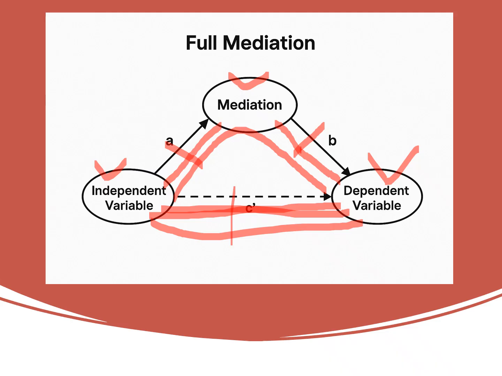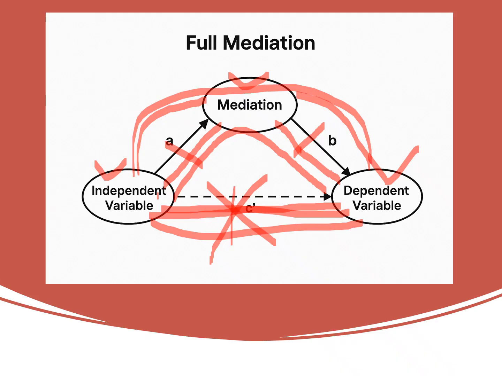And when it is full mediation, this path is insignificant, this path does not work, only our mediation path works. Which one is our mediation path? Through here to here, the specific indirect path in SmartPLS. You can see when our mediation path is significant and this path is not significant, the direct path is not significant, that time we can call it full mediation.